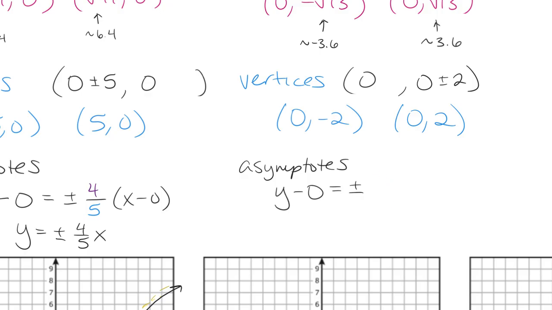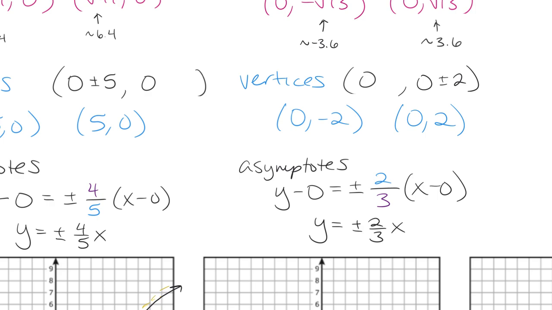Hello? A over B, Miss Quigley. 2 over 3, x minus 0. So if I'm looking at the formula chart, for the vertical transverse axis it says A over B. Horizontal, it says B over A. But I can't help myself. The zeros are boring, so this is y equal to plus or minus 2/3 x.